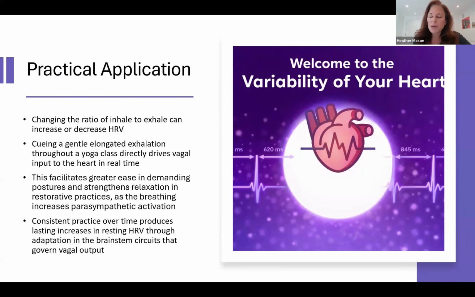But we know that through consistent practice of elongating the exhalation, there is a change within nuclei in the brainstem, not just the nucleus ambiguus, that allows for the resting heart rate variability to be greater.